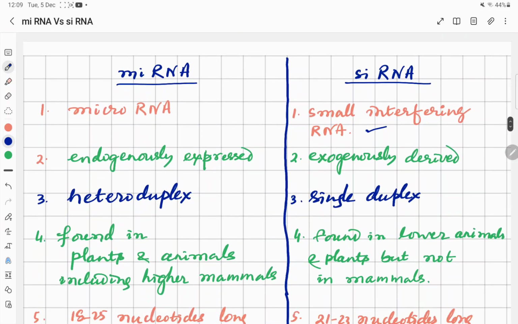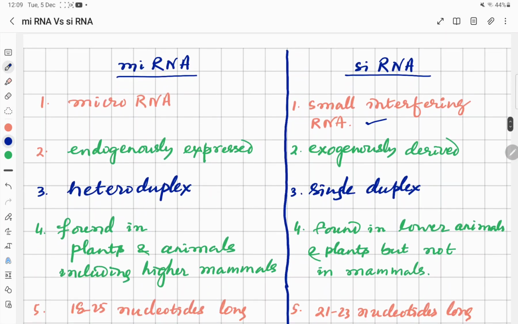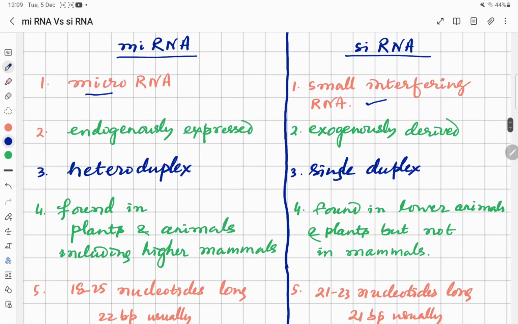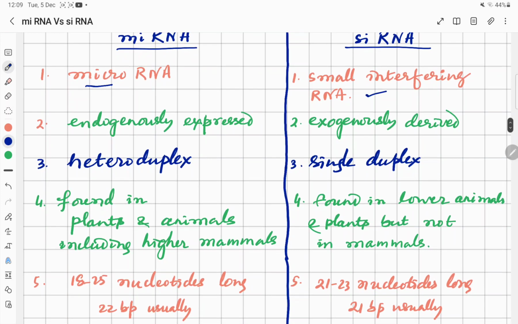So now let us see the difference between microRNA and siRNA, or miRNA and siRNA. miRNA full form is microRNA, and siRNA full form is small interfering RNA. MicroRNA is endogenously expressed, siRNA is exogenously derived.